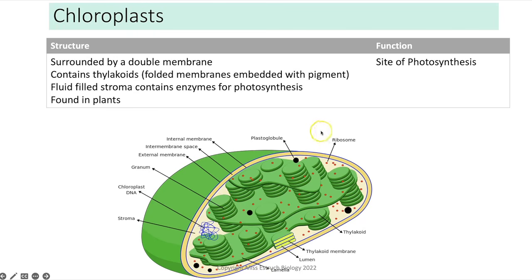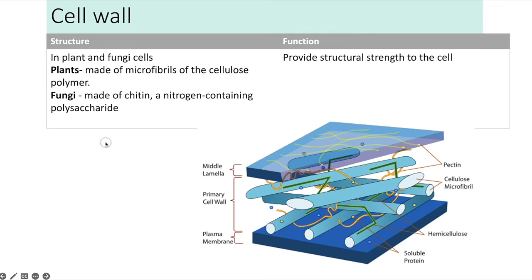And those membranes are embedded with lots of pigments and proteins which are needed for the light-dependent reactions in photosynthesis. In peach colour here, that is a fluid centre, which is known as the stroma, which contains lots of enzymes that are needed for the light-independent reactions of photosynthesis. So that's the function of this organelle, it's the site of photosynthesis.